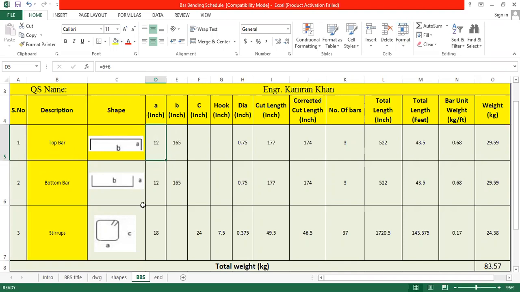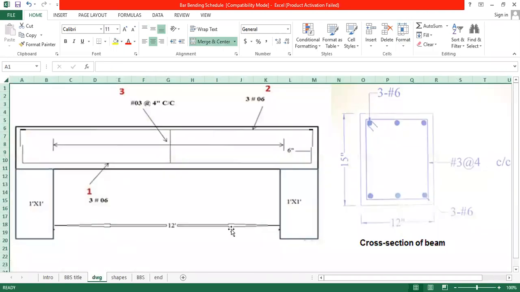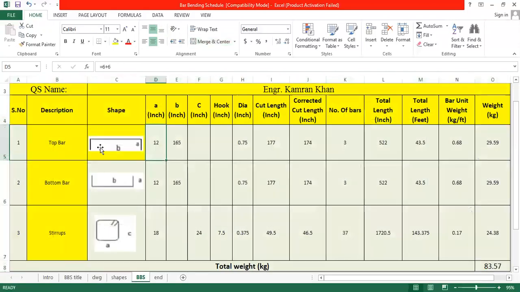Now just look at the diagram. In the diagram it is mentioned that this bend is how much? 6 inches. So how many bends are we having? One on this side and one on that side. So 6 plus 6 is equal to 12 inches.